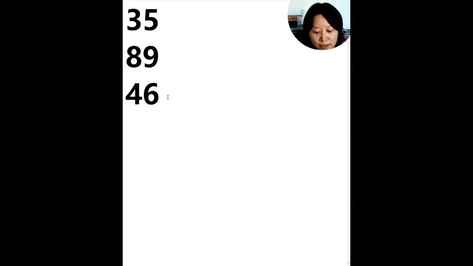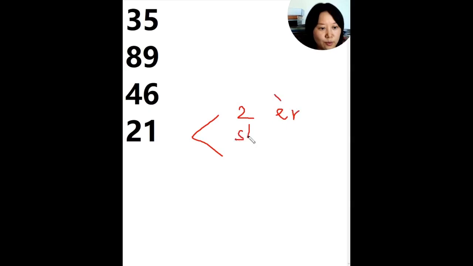And next one, we practice this one. This one we can say 二十一, right? 二十一.